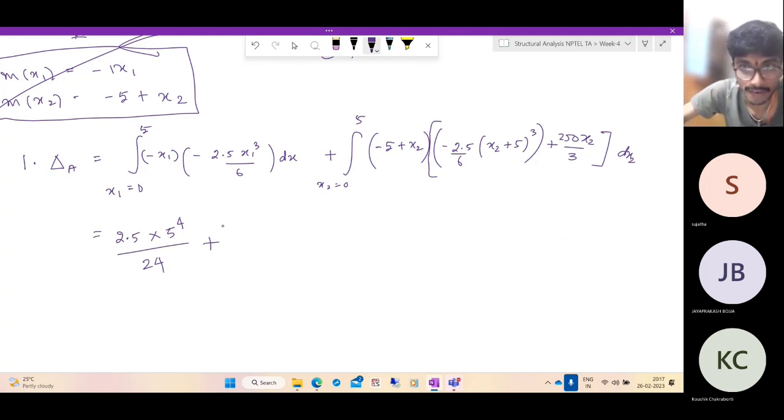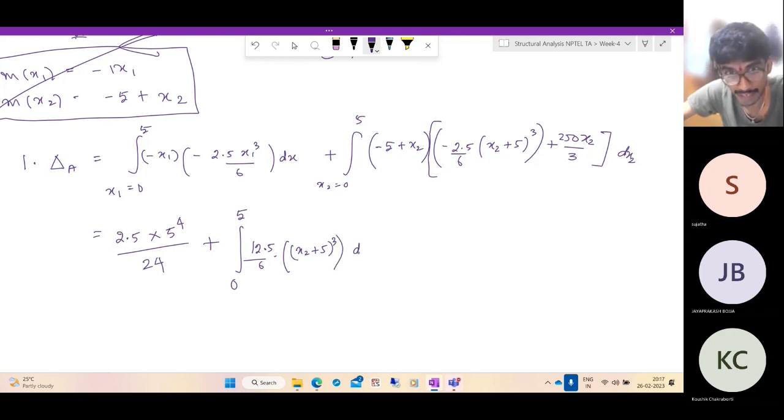So plus 0 to 5, minus 5 into minus 2.5. So the first part is 2.5 into 5, which is 12.5 by 6, x2 plus 5 the whole cube dx2. So that is the first term.